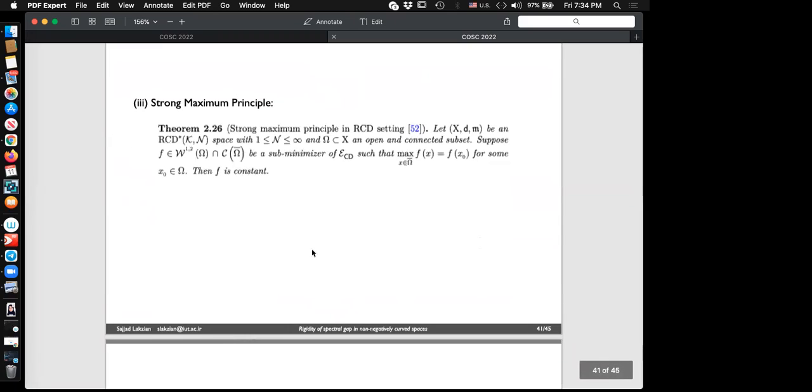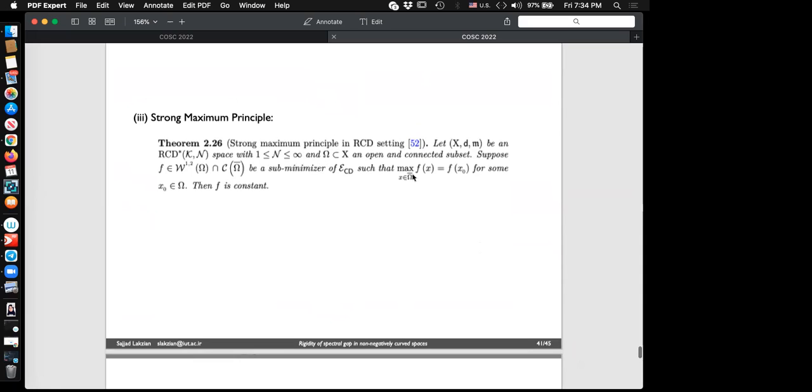And then the strong maximum principle. This is basically Björn's maximum principle. You can jazz it up a little bit to say that here you are seeing the same statement that you would see for the maximum principle in the Riemannian setting.